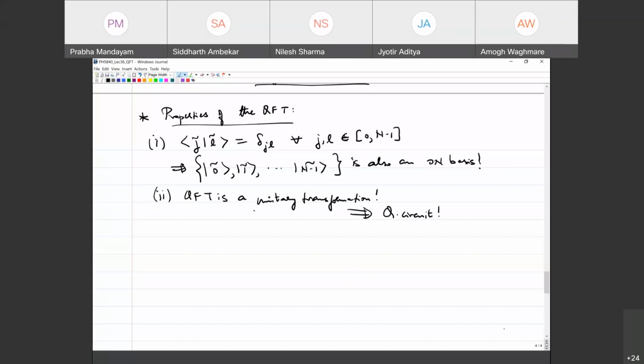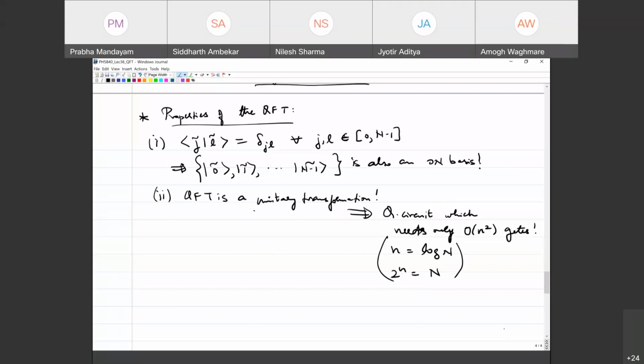This quantum circuit requires only a certain number of gates, which goes as n squared, where n is log of capital N. So it turns out that this can be implemented by a quantum circuit which needs only order n squared gates, where n is essentially log of capital N, or in other words, 2 to the n is capital N. Classically, to do the discrete Fourier transform, one actually needs something like the order of n times 2 to the n gates.